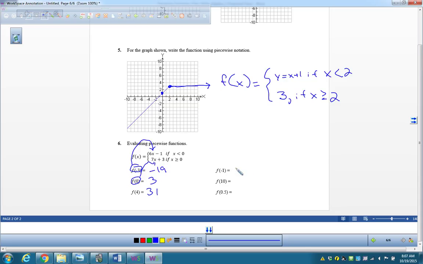F of -1, which function do I use? Top or bottom? Top, and then what do I get out? -7, right? F of 10, what do I get out? 73. F of 0.5, 6.5, you got it, right? Not too bad, right? Okay, so that's your notes.